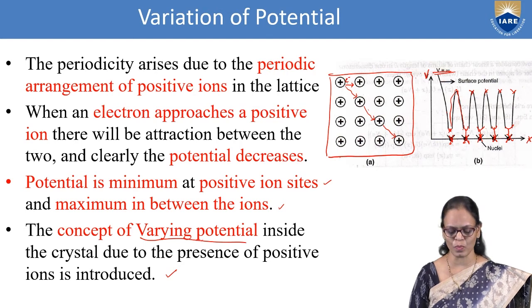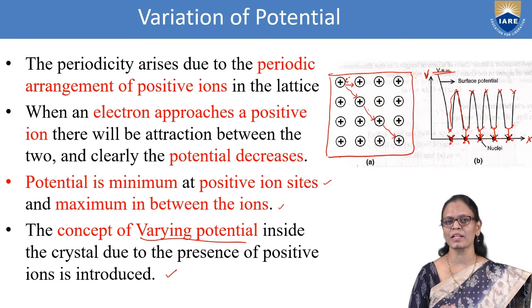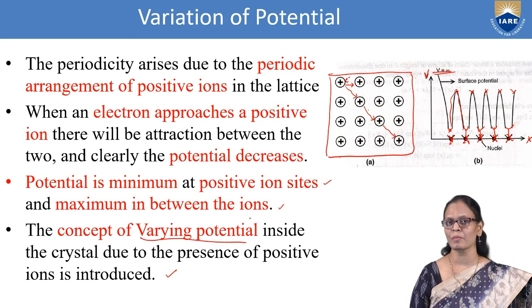We have also understood why the potential is varying: because the electron is moving in a periodic lattice of positive ion cores, and because of the interactions between the electrons and the positive ion sites, the potential becomes minimum at the positive ion sites, and in between two positive ion sites it is maximum. So there exists a periodicity. So we say that the potential is varying periodically.